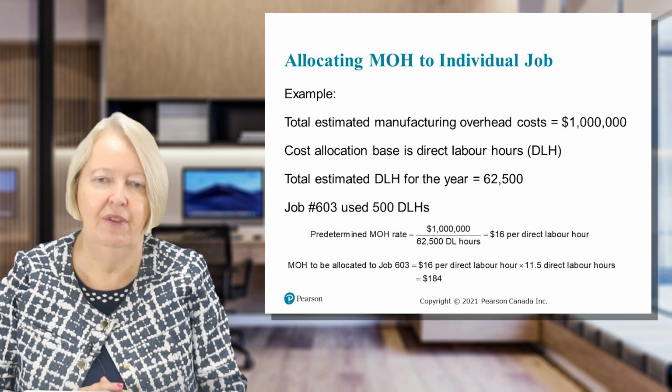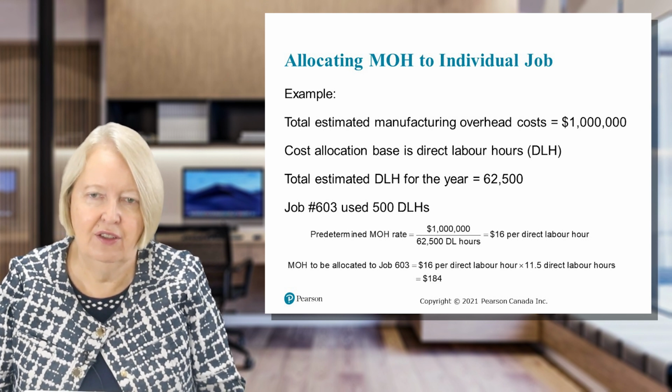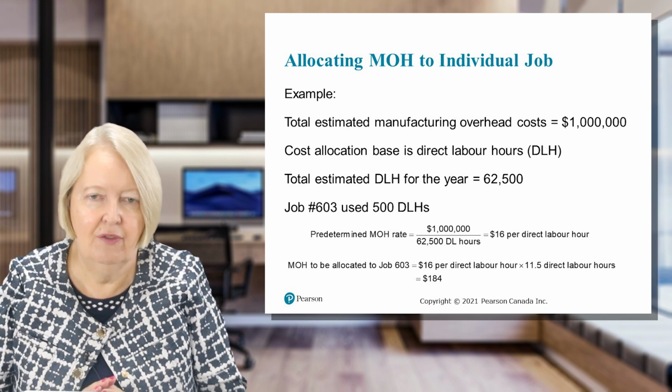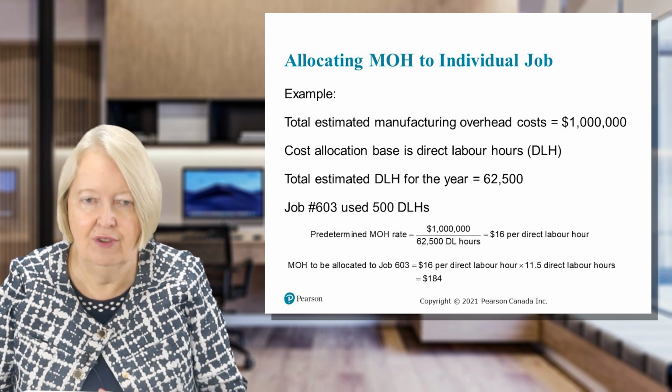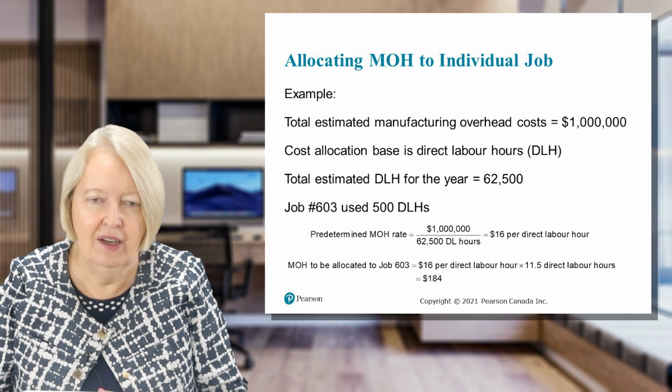So if you have total estimated manufacturing overhead costs of $1 million, and you're expecting the total direct labor hours for the whole year to be 62,500 hours, you take your $1 million and divide that by the 62,500, so that's going to give you $16 in overhead for every 1 hour of direct labor.